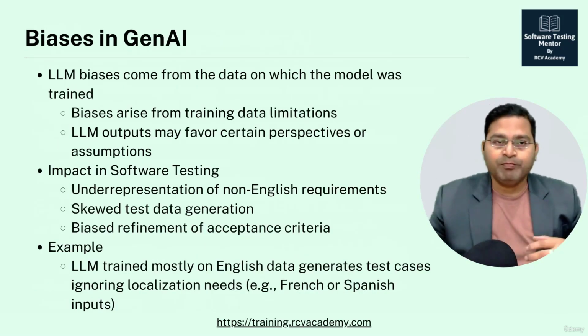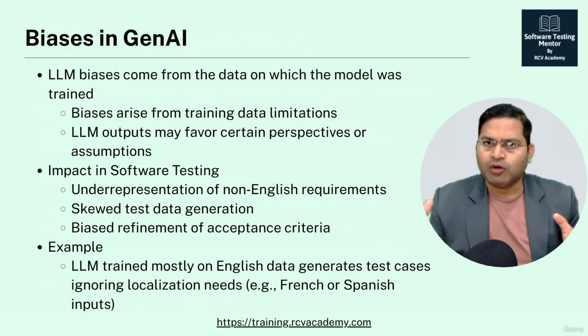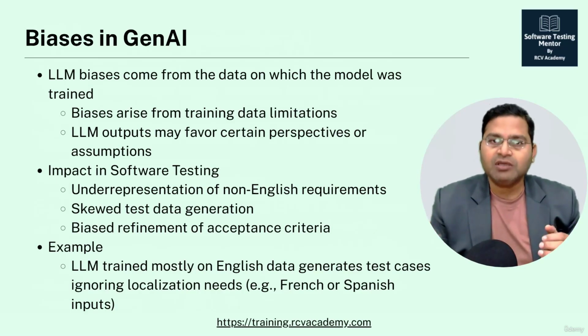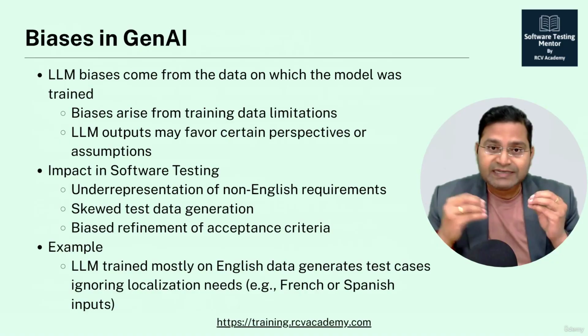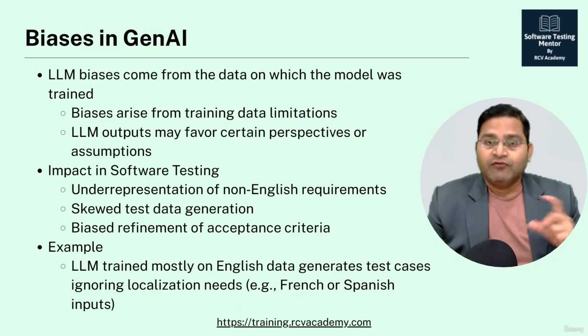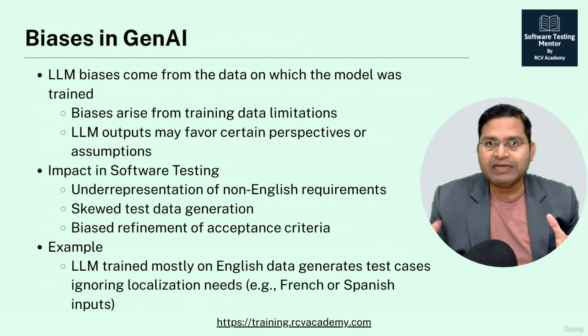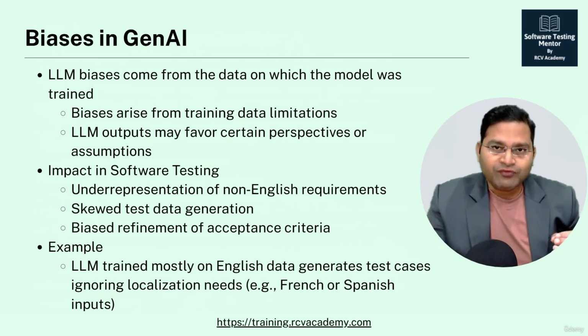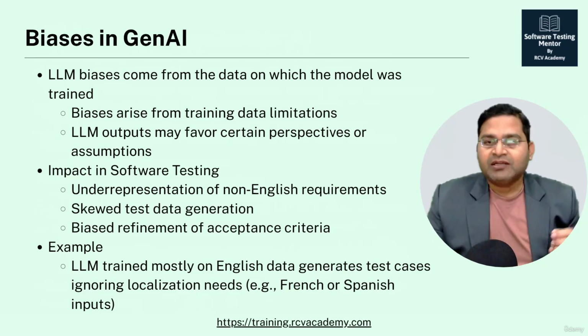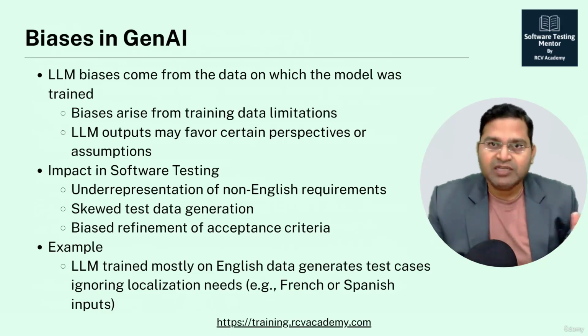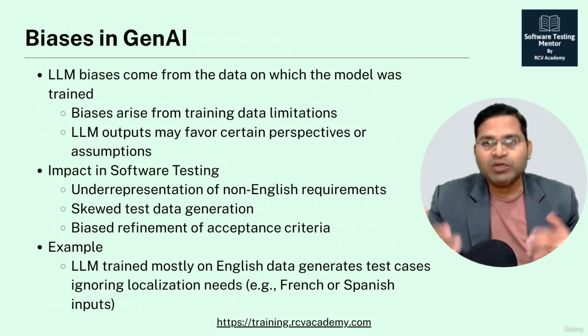Now if we talk about biases in Gen AI, biases are very common. Why? Because biases come from the data on which the model was trained. For example, treat a large language model as teaching a small kid. If you teach a small kid wrong things, say that slapping someone is really good from the very childhood, that child will believe that slapping someone is good.